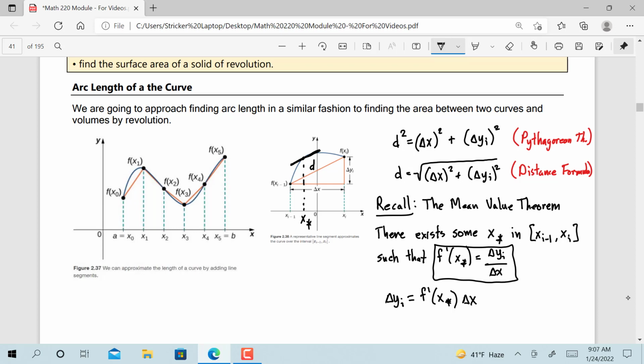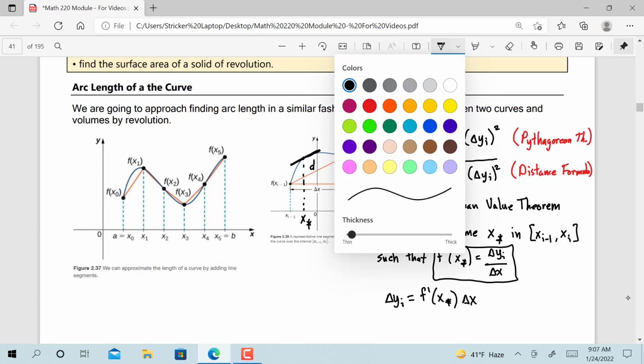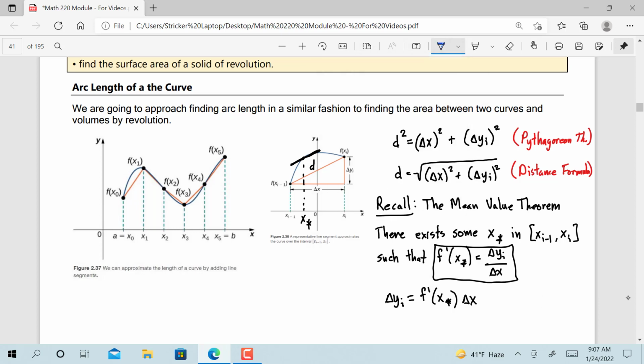And that allows us to rewrite our distance formula, because we can then take this and plug it in here, and that allows us to have everything in terms of x, because right now this distance formula has x and y, but we want to have everything in terms of x. So let's go back to this picture. This orange segment that has length d is clearly not the same distance as this little blue arc here.